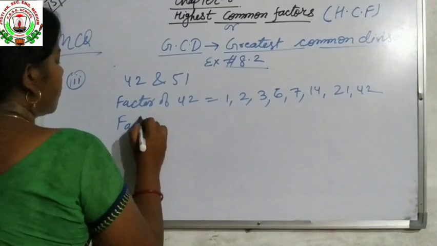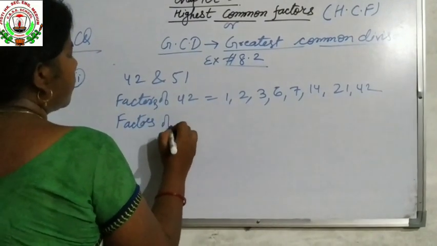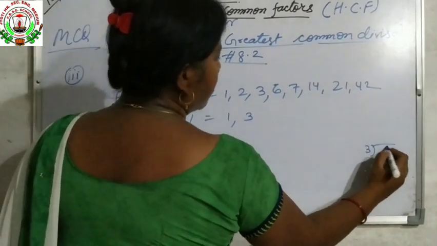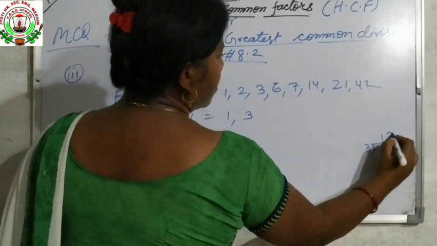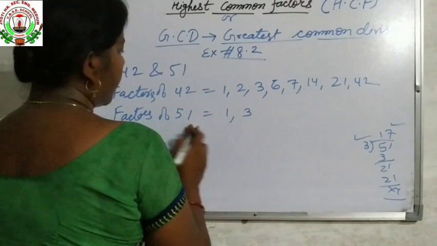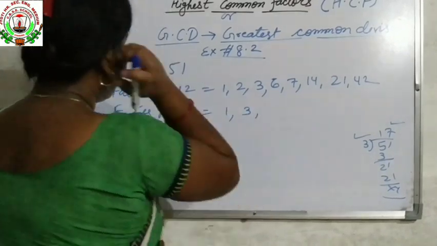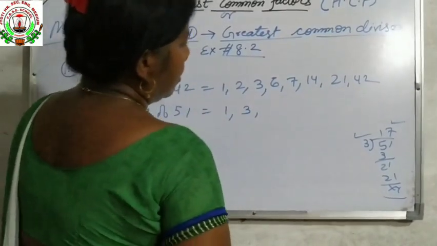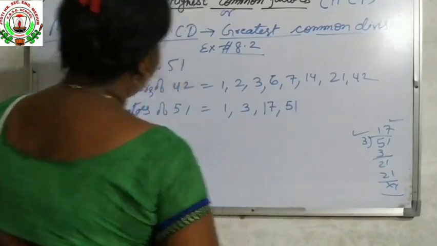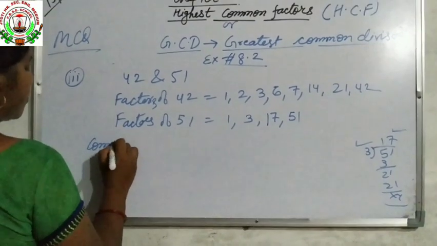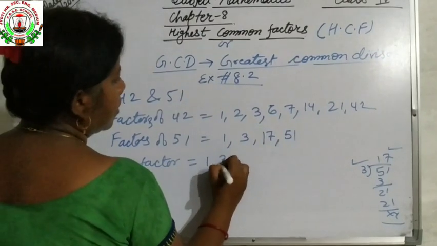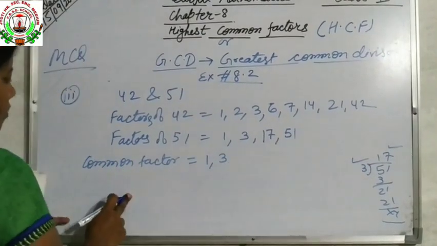Next, factors of 51: 1, 3, when you divide it by 3, 3 7s are 21. So 17 and 3 both are factors of 51, then 51. So common factors are 1 and 3.